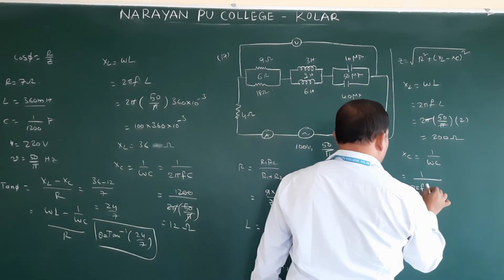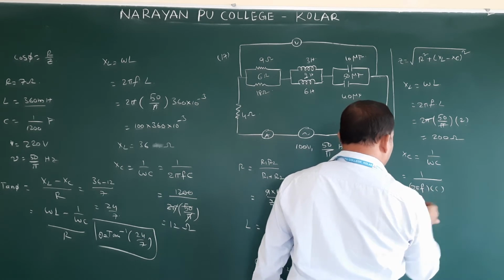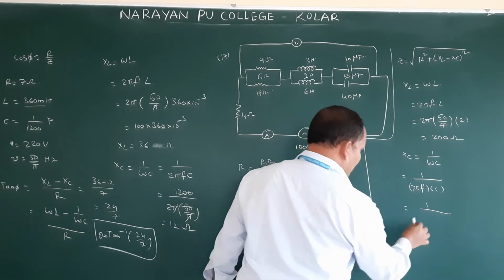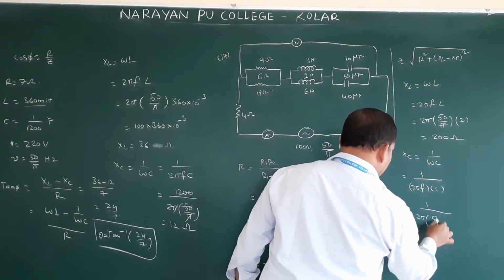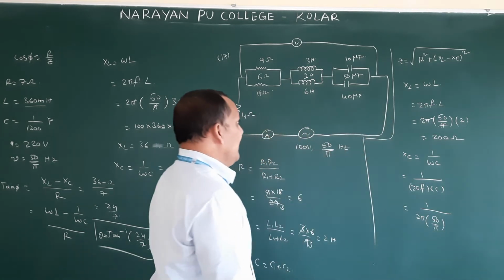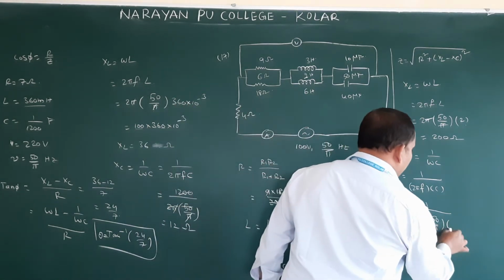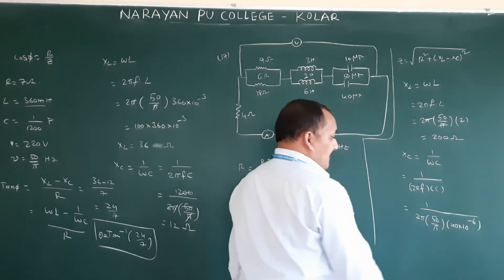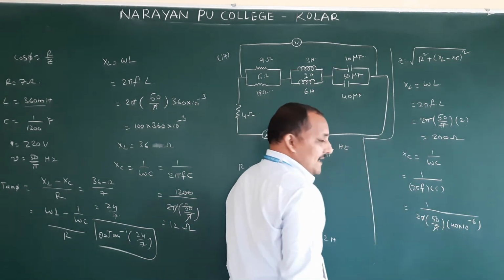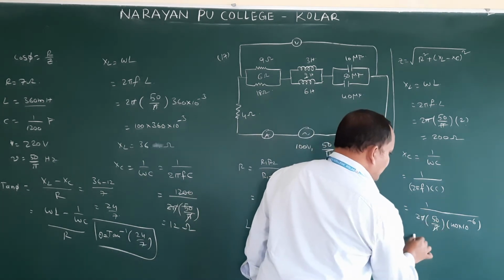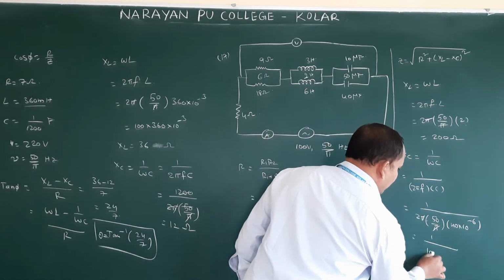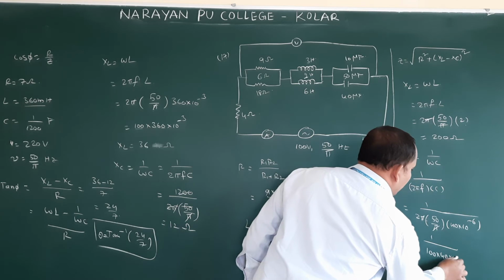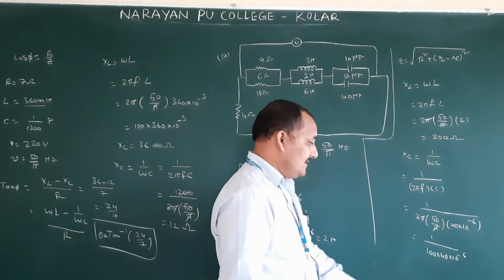Next, XC. XC is equal to 1 by omega C, that is 1 by 2 pi f into C. 1 by 2 pi, frequency 50 by pi. C value is 40 microfarad, 40 into 10 power minus 6. So pi will be cancelled. 50 into 2 is 100, 100 into 40 into 10 power minus 6.